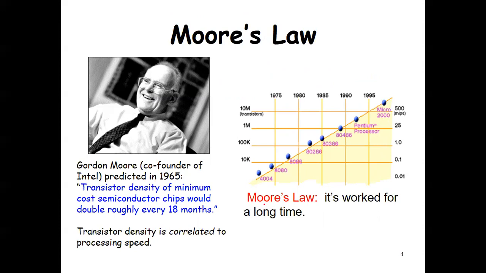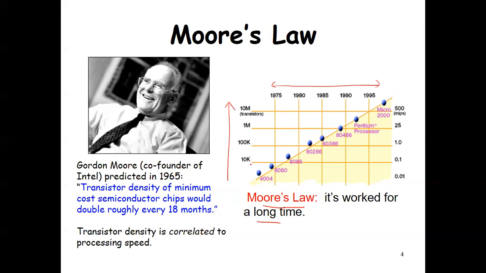So Moore's law has been working fine for a long period of time, and that is captured in this graph. Here, this is the year, from 1975 to 1995, or say up to 2000, and this represents the number of transistors placed inside the IC.